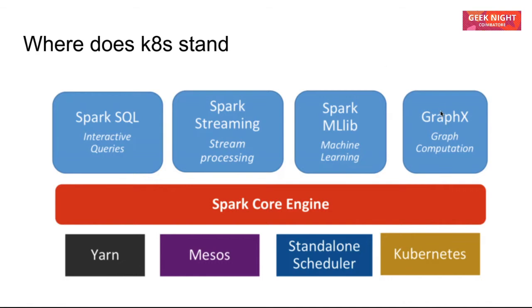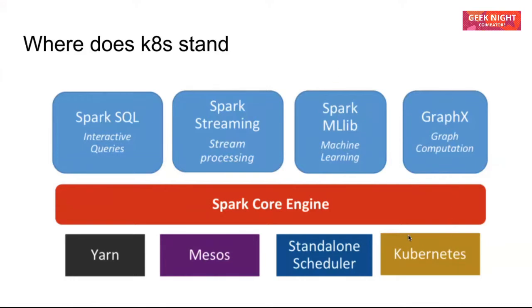Similarly, there is a graphics implementation for graph processing. There is Spark SQL for SQL interface to work with the data frames, and the streaming use case can be solved using the Spark streaming. So this is the interface where Spark programmers primarily interact.